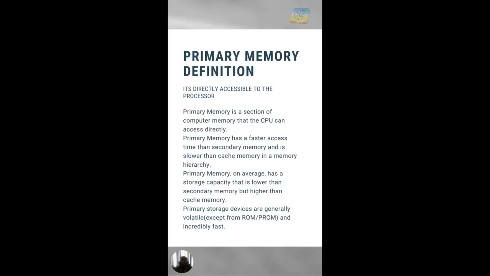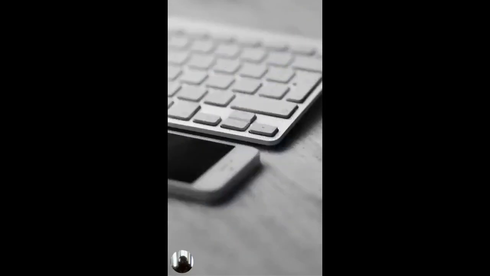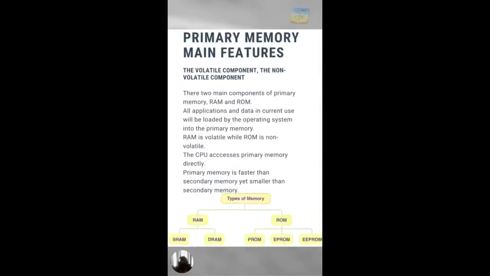The part of primary memory that is not volatile is called ROM, meaning read-only memory, as opposed to RAM, which is random access memory. Look here, I've tried to differentiate the types of memory.